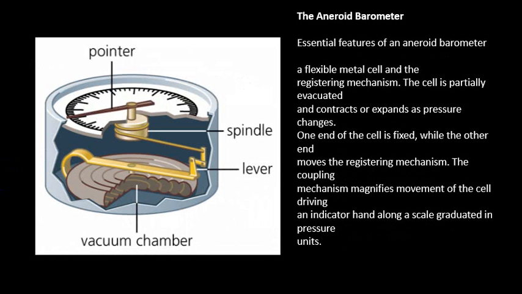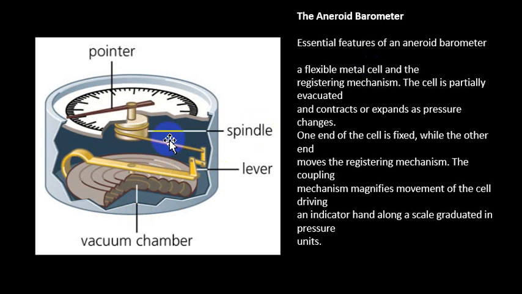And this is how altimeters work. I should have put a picture of an altimeter there, but this is essentially one. It's just not calibrated, and you can't see the altitude numbers. But basically, the altimeter is an aneroid barometer.